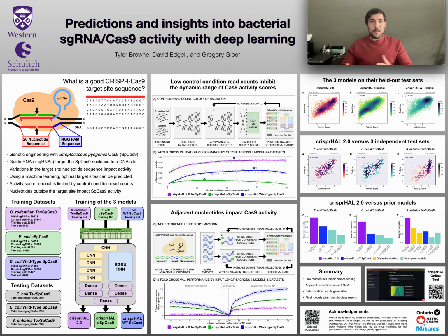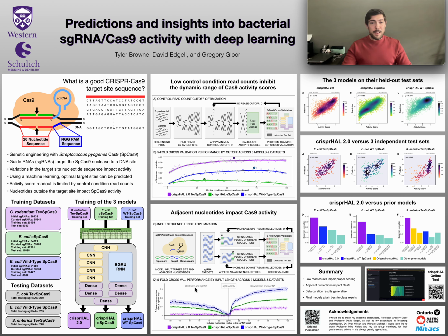Moving on from the scores, we then go to the actual model input itself, the target site sequence. What I looked at was the impact of adjacent nucleotides, so things that were either downstream or upstream of the target site. I used the same sort of cyclical process of adding on one downstream nucleotide, performing five-fold cross-validation, and then extending by one more, and doing that also in the upstream direction.